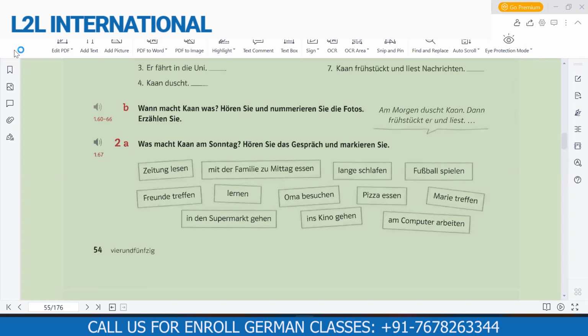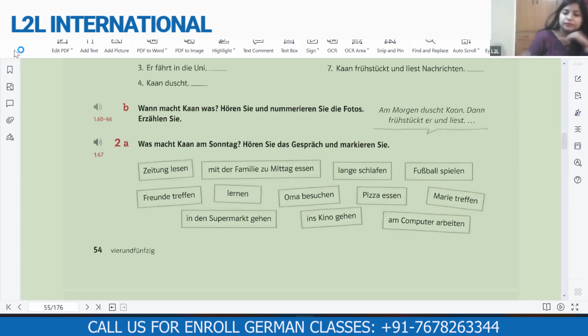Zeitung lesen. Freunde treffen. Lernen. Mit der Familie zu Mittag essen.